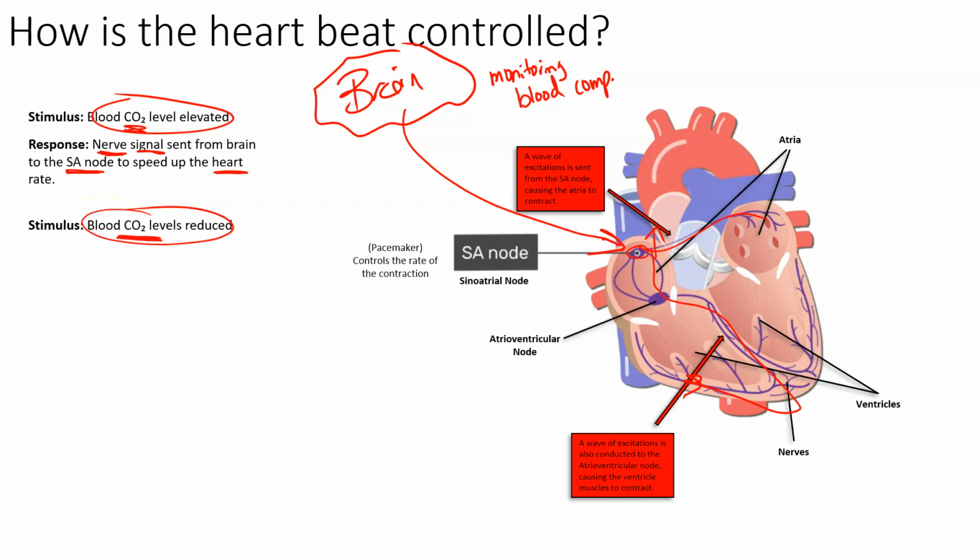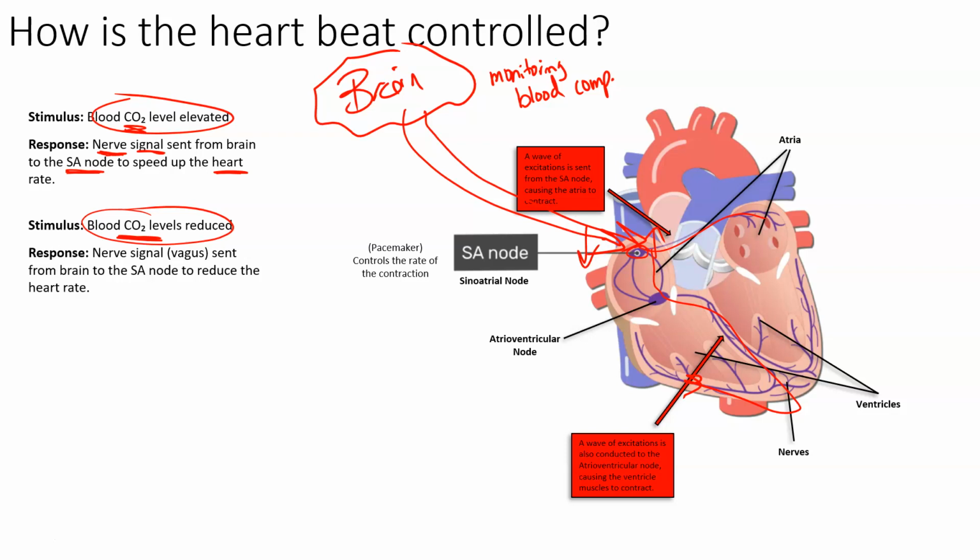When your heart rate quickens, you respire more quickly, you breathe deeper, you exhale more, and you are hopefully successful at reducing the CO2 levels from your blood. Your brain will recognize that your CO2 levels dropped, and it will send a response in the form of a nerve, again, to the SA node, causing the SA node to decrease the rate of contractions.